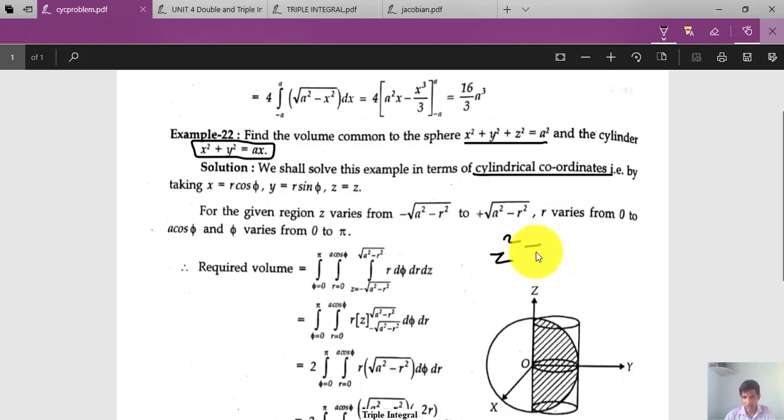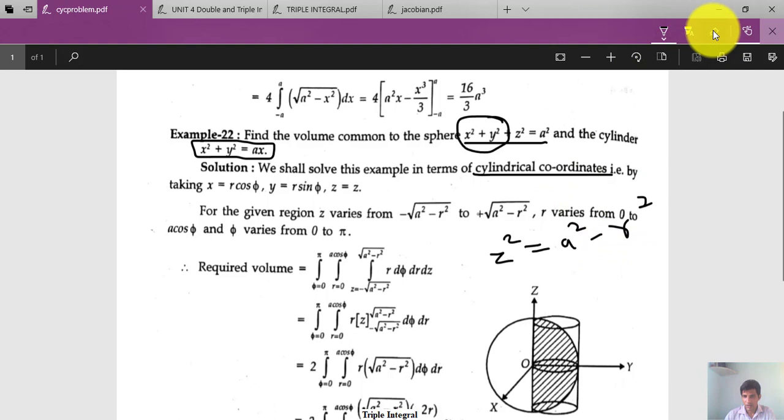z square is equal to, if I take x square plus y square to the other side, it turns out to be a square minus x square minus y square. But what is the value of x square plus y square? It is r square. So in short, I will write it as r square.